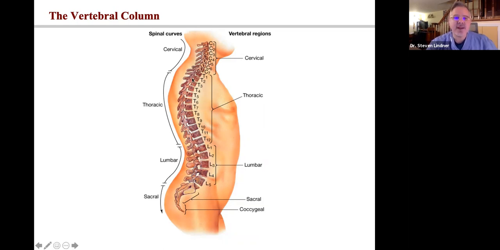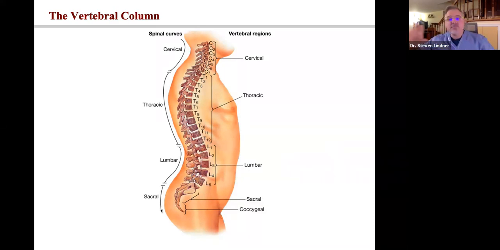Each vertebra has nerves that come out of it. Let's say between T7 and T8, there's a hole called the intervertebral foramen, and through it a nerve travels out. Nerves go to muscles and nerves go to organs.